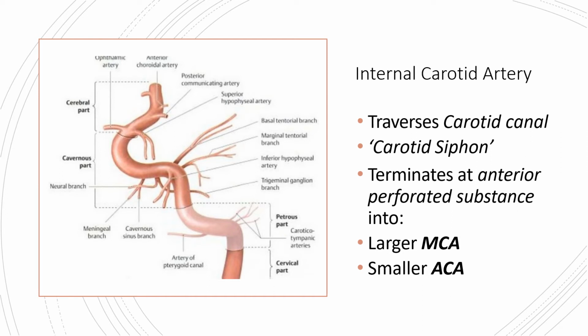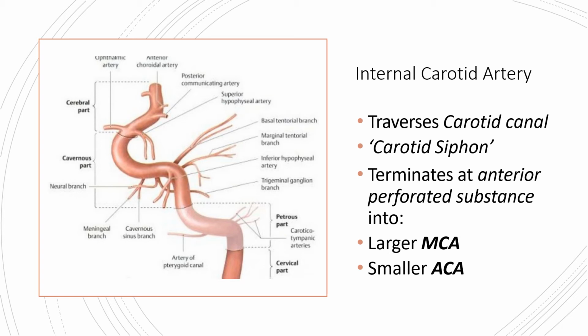At this point, it terminates by dividing into 2 branches: a larger middle cerebral artery and a smaller anterior cerebral artery. So the 2 terminal branches of the internal carotid artery are the middle cerebral artery and the anterior cerebral artery.